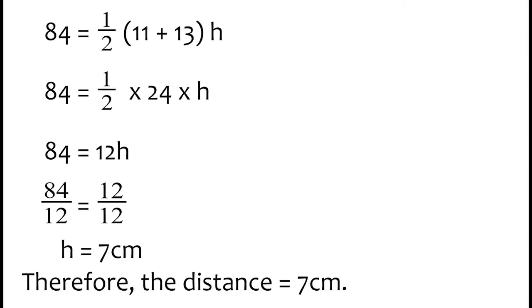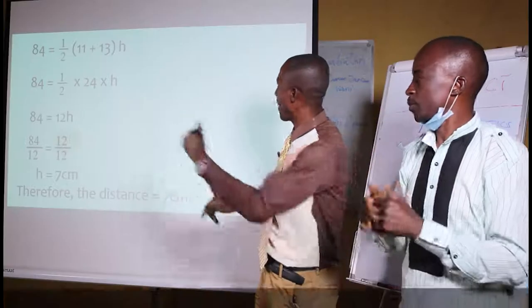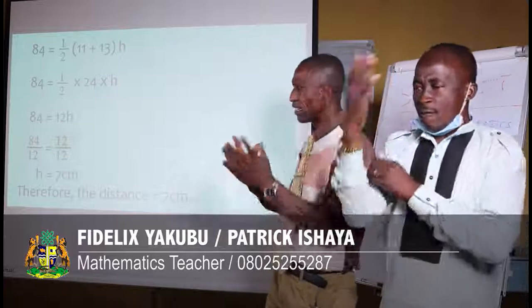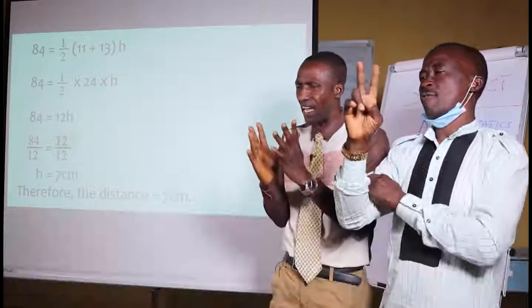So that is why you can see 84 equals 1/2 into 11 plus 13 times H. Your H is unknown. Don't forget that.